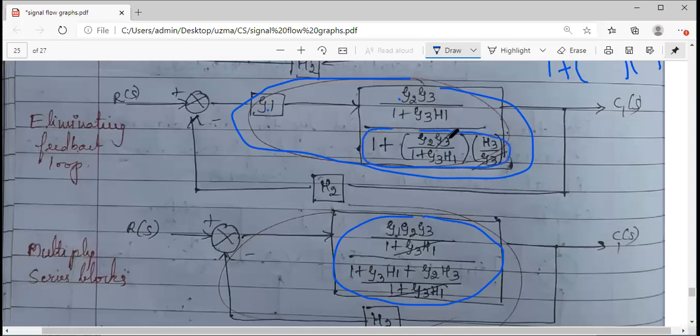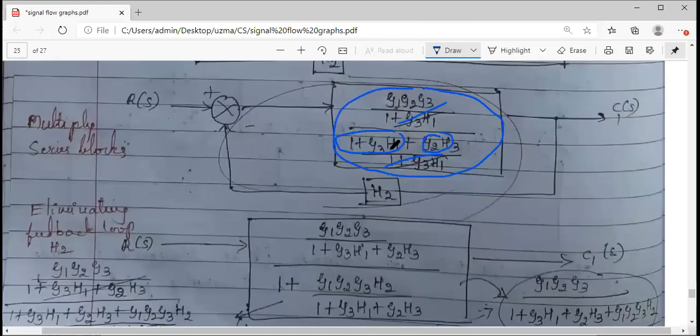या ये जो डिनोमिनेटर टर्म है इसको एलसीएम ले लो, यहाँ पे G3 कैंसिल हो जाएगा. If you take the LCM, 1 plus G3 into H, multiply it with 1 plus G2 H3, divided by this, ये दोनों कैंसिल हो जाएंगे.